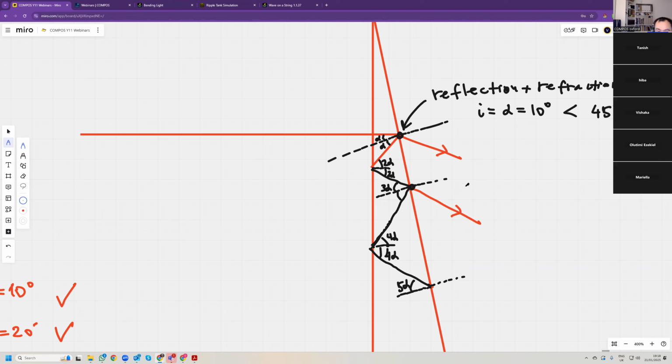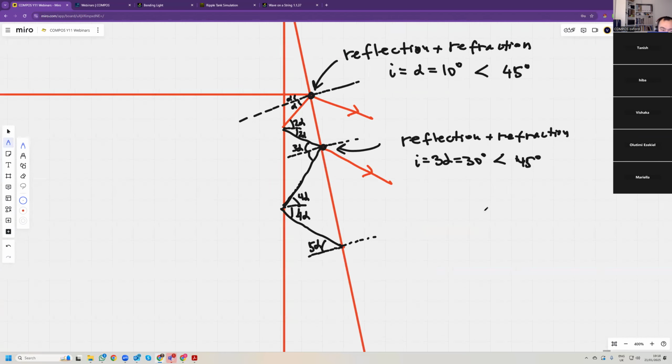Here, at this point, you still have reflection plus refraction, because the angle of incidence is 3 alpha, which is 30 degrees, which is less than 45.